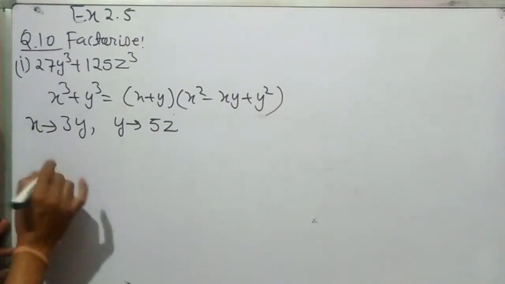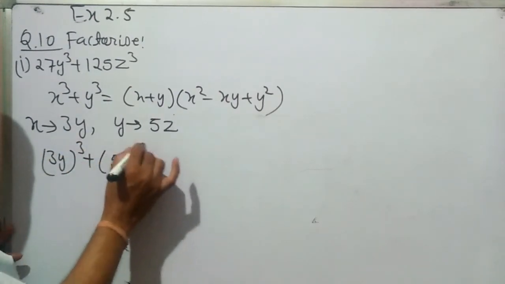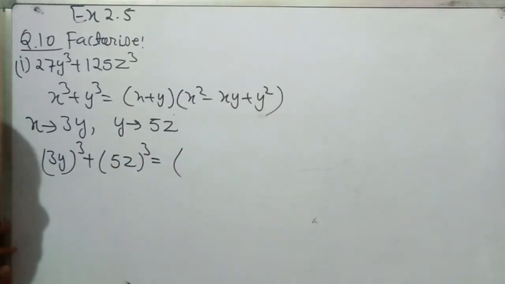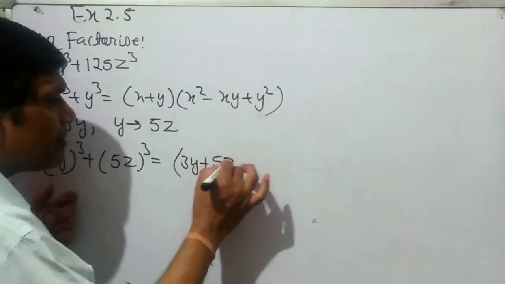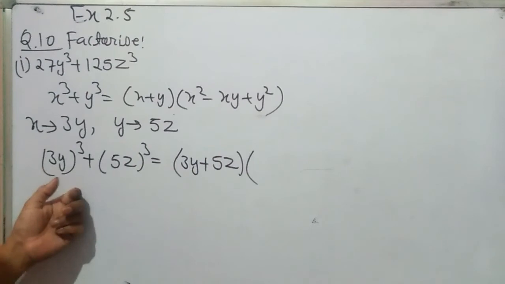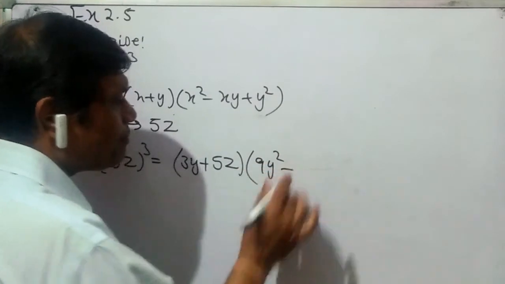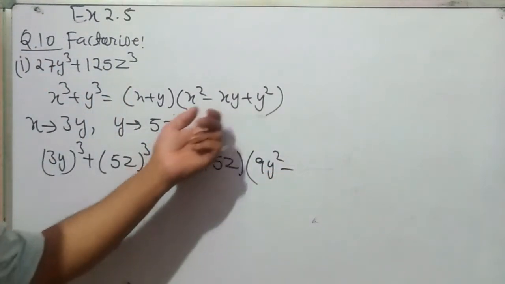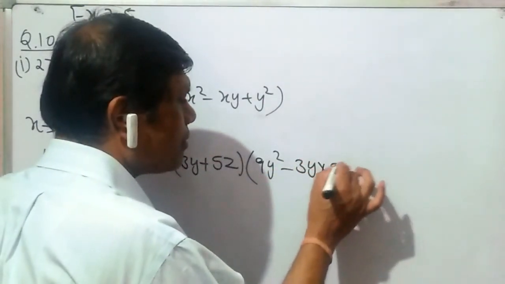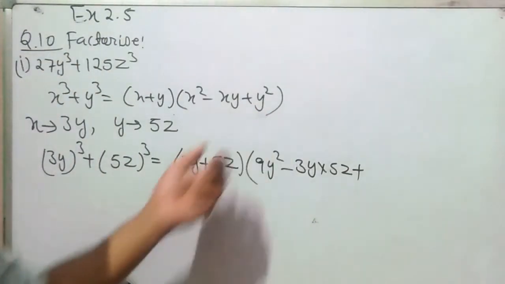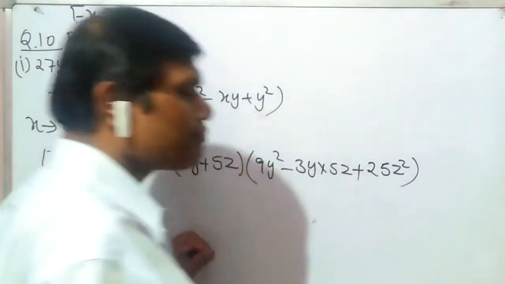So let us put it in the form. We have 3y whole cube plus 5z whole cube should be x plus y, that is 3y plus 5z, times x square, that is 3y square, that is 9y square, minus xy, that is 3y into 5z, plus y square, that is 5z square or 25z square.